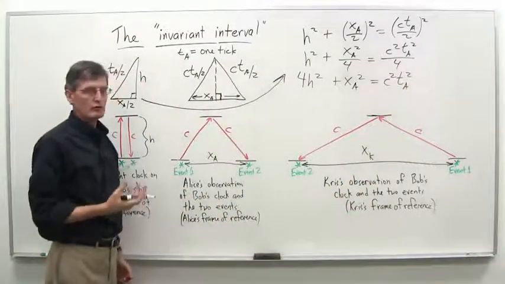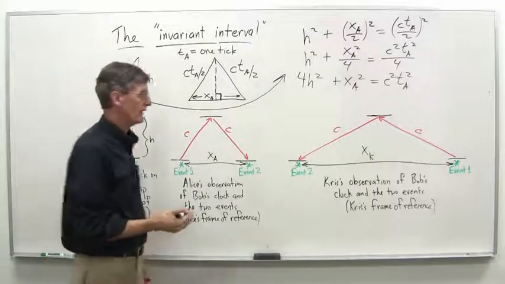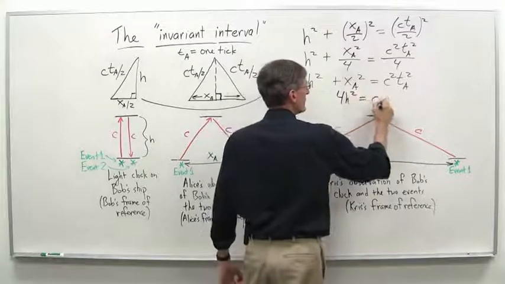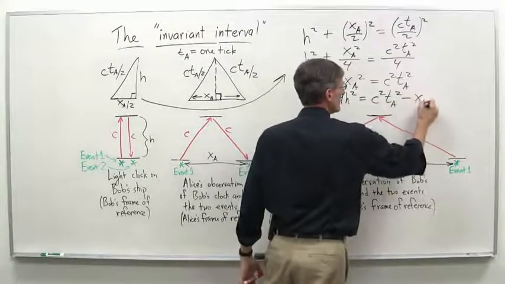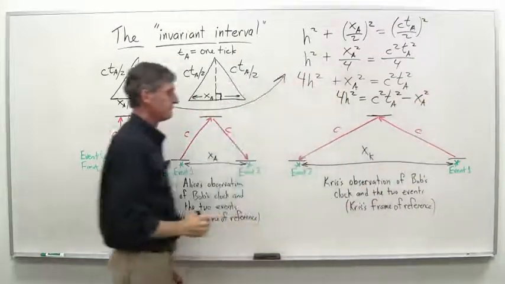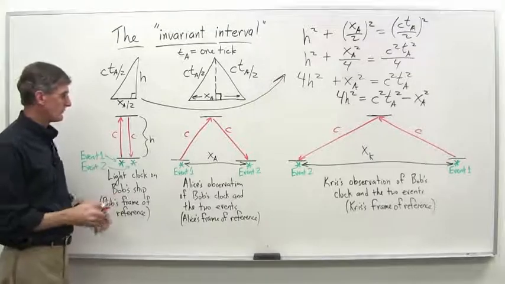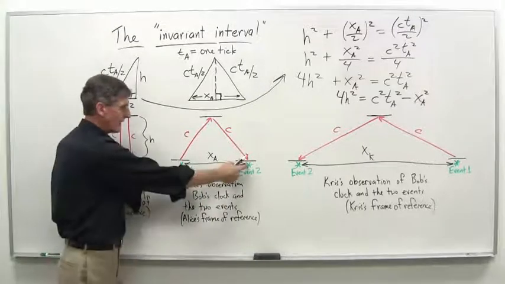Okay? And I'm going to do one more thing here. I want to get the xa and the ta on one side. So we're going to write this as 4h squared equals c squared ta squared minus xa squared. Okay? So that's my analysis. We started with Alice. We defined the distance between two events as xa.